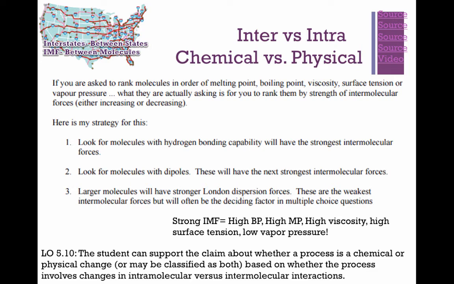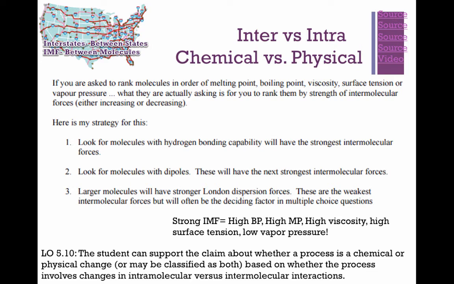So first think, what does it mean in terms of intermolecular forces if you want a higher boiling point? Stronger. Okay, so first thing we want is stronger IMFs. Now let's look at each of these and see what's the strongest type of intermolecular force it could have.